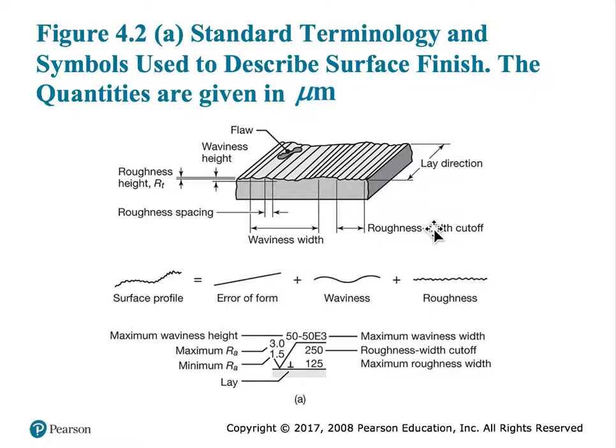Okay, and how do you correlate the surface finish of the material? The surface finish is determined by different kinds of methods, and we will describe those as we move along.